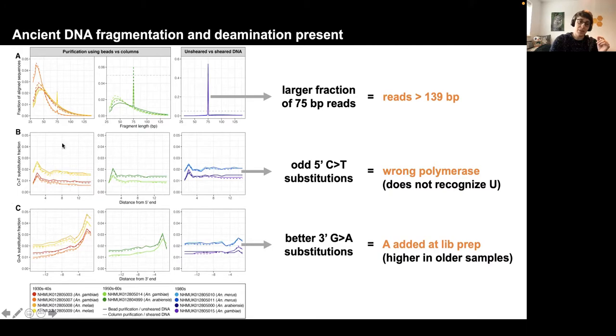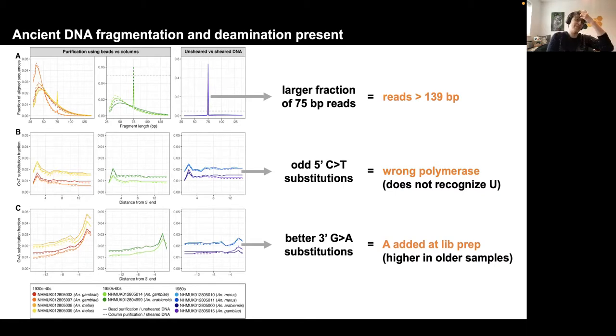And the B and C panels are the 5' C2T substitution and 3' G2A substitution. And when we saw these, we realized the giant mistake we made when we were setting up the initial experiment, which was we completely forgot to check that our polymerase that we used for indexing PCR can actually recognize uracils.